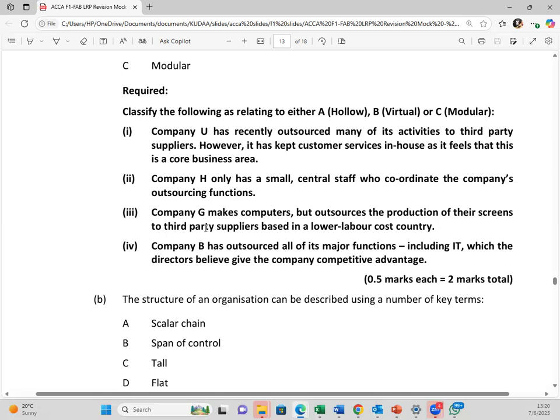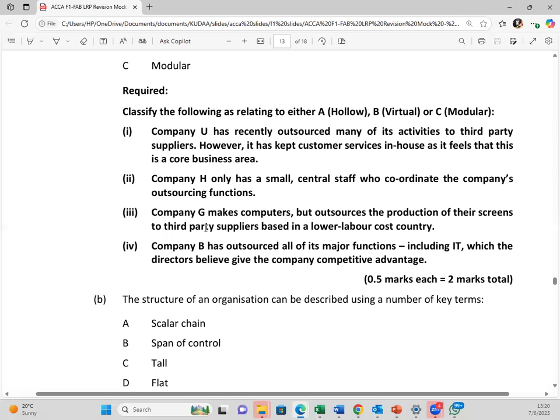Then we move on to the second one. Company H only has a small central staff who coordinates the company's outsourcing functions. So it means the company is outsourcing, but they have a small central staff.